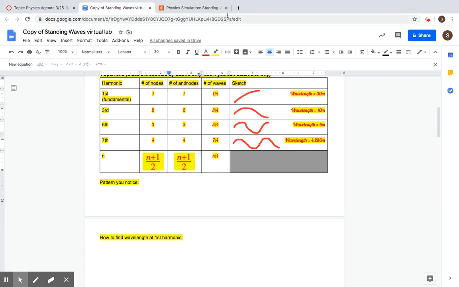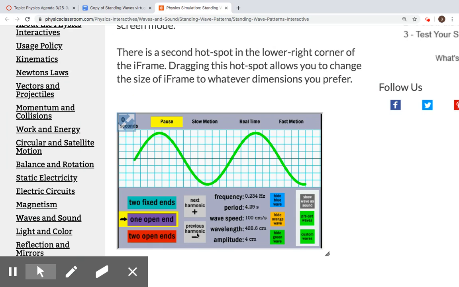What I looked at, though, was when I went to the first harmonic, I noticed that this was just 1/4 of a wavelength, which means if I continued this wavelength, I would get 30 meters. Now, if I increased it, I squeeze more numbers of wavelengths into that 30 meters.